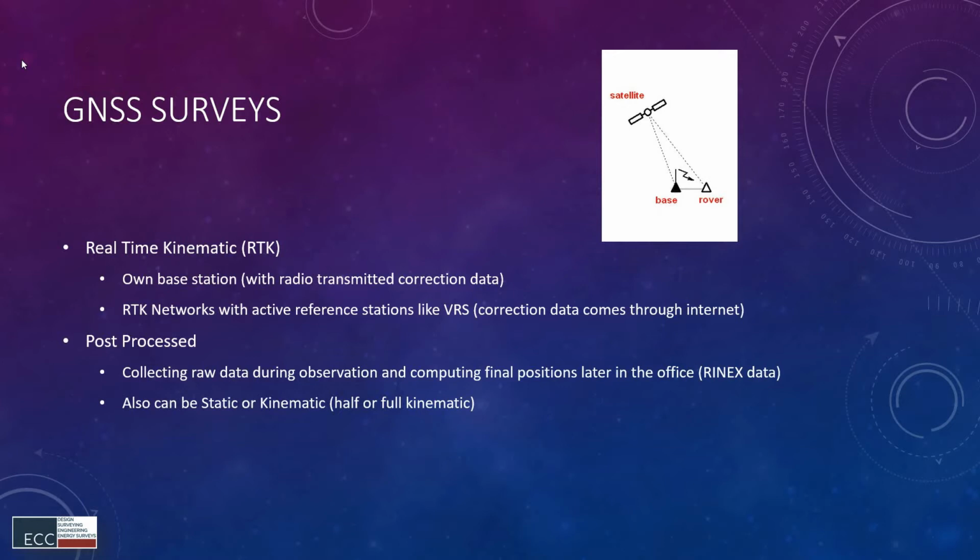And then we're going back to the office, and the first thing we will do is calculating our base point in the middle, downloading the RINEX data from the server, from the morning 8 hours until evening 6 hours or whenever we finish, and select all the active stations around our base which we want to be involved in the calculation.